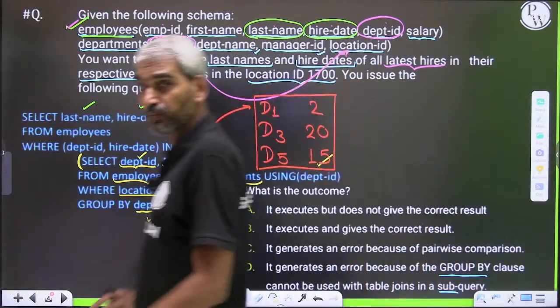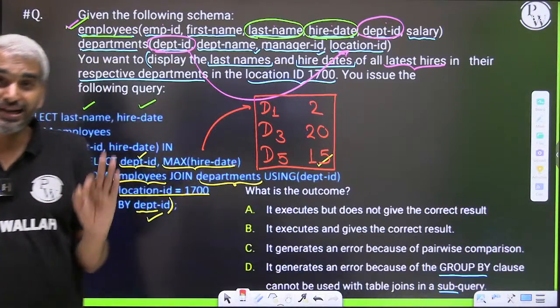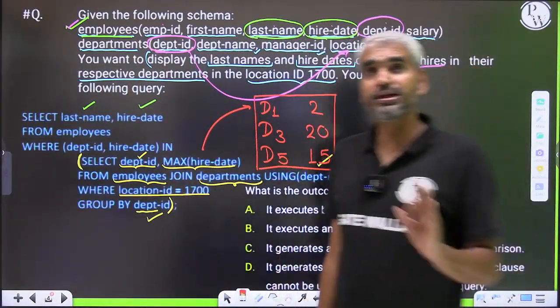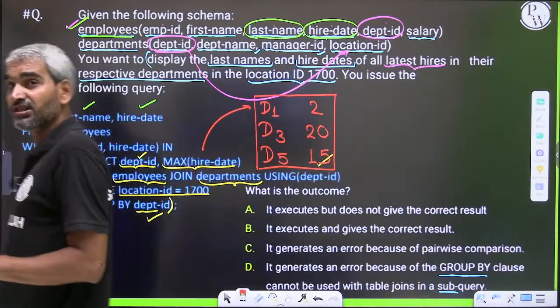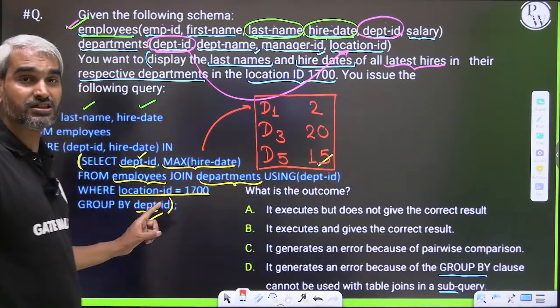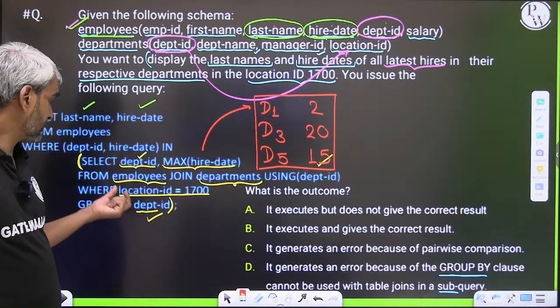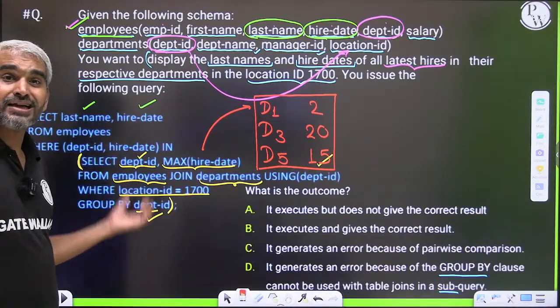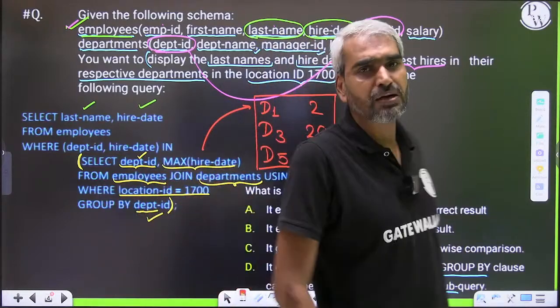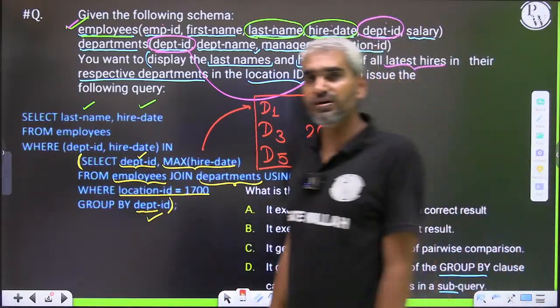This subquery will produce the department IDs from location 1700, along with the maximum hire date, the latest hire date in that particular department.